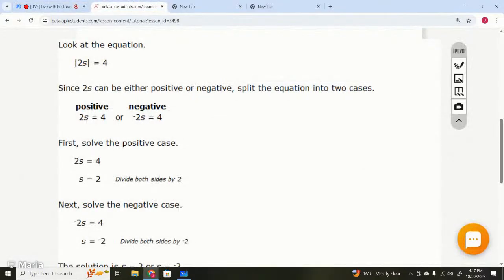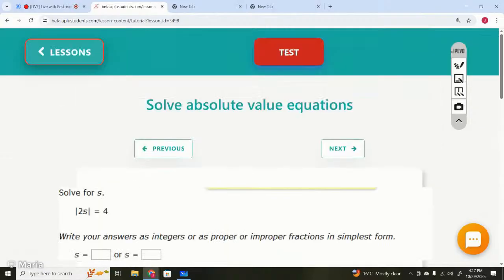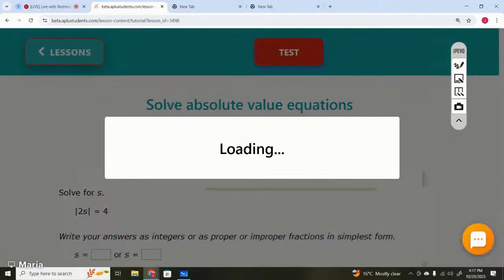So s equals 2 and s equals negative 2 is the solution of the equation. Let's just start with the test questions.